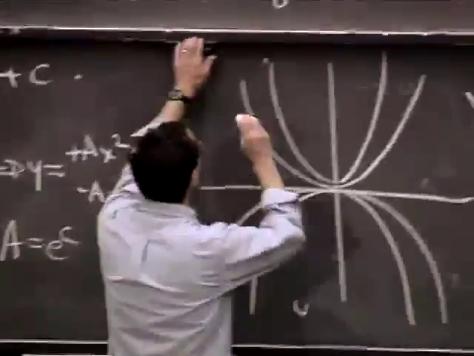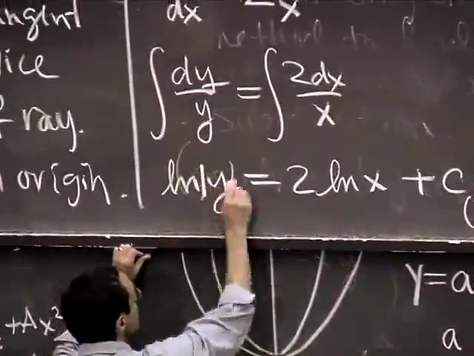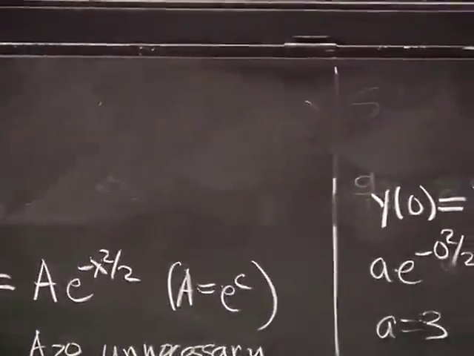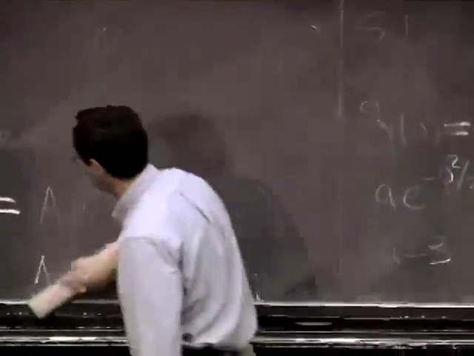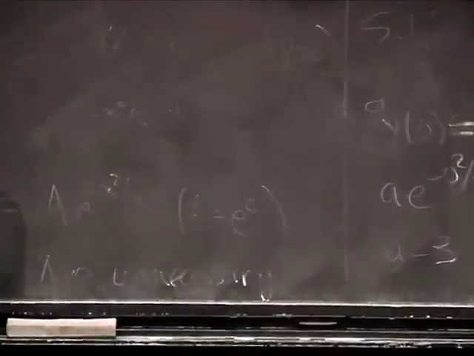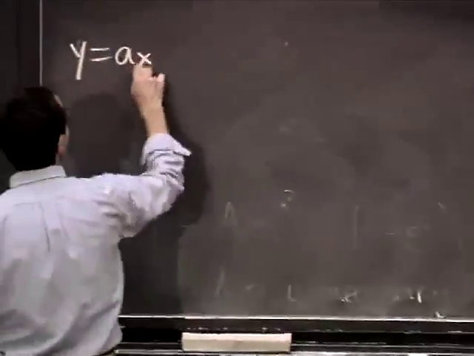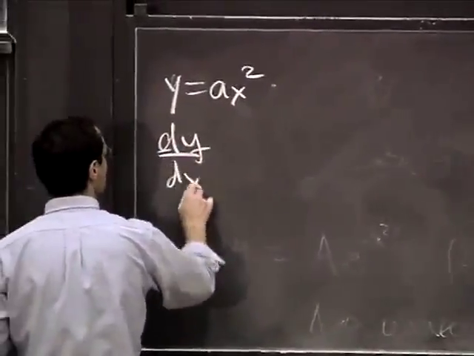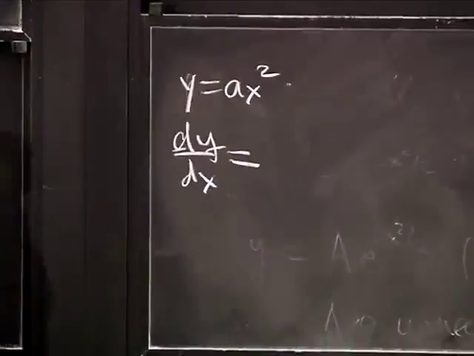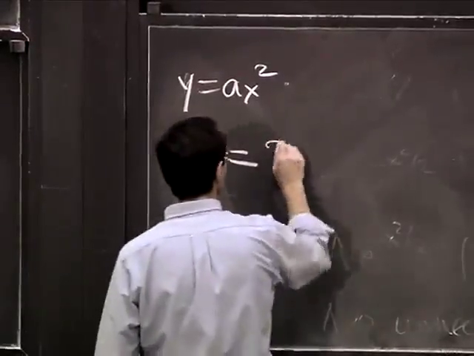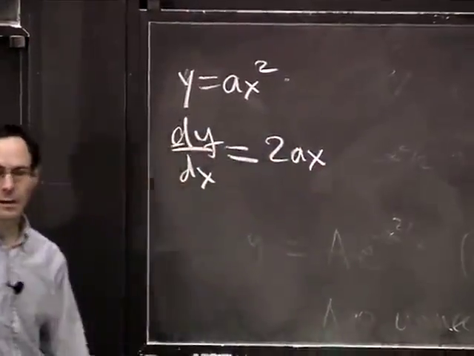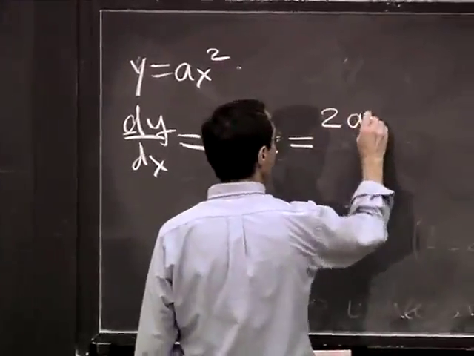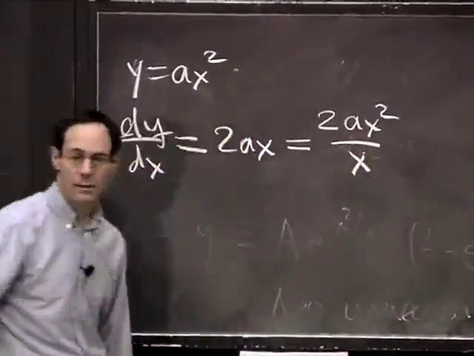Because it's really true that the antiderivative here is this function. It's defined for y negative. So let's just double check. In this case, we have y equals ax squared, and we want to compute dy dx to make sure that it satisfies the equation that I started out with. And what I see here is that this is 2ax. And now I'm going to write this in a suggestive way. I'm going to write it as 2ax squared divided by x.